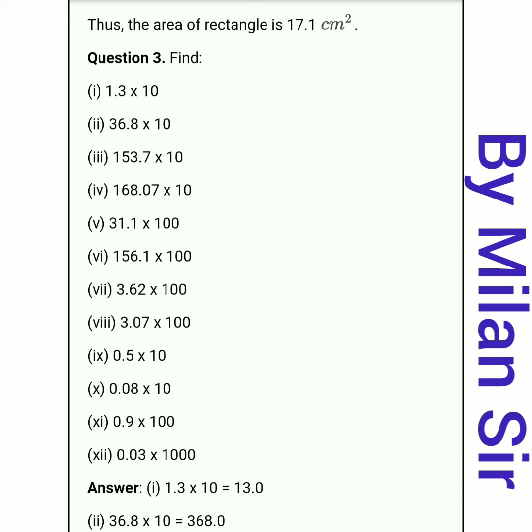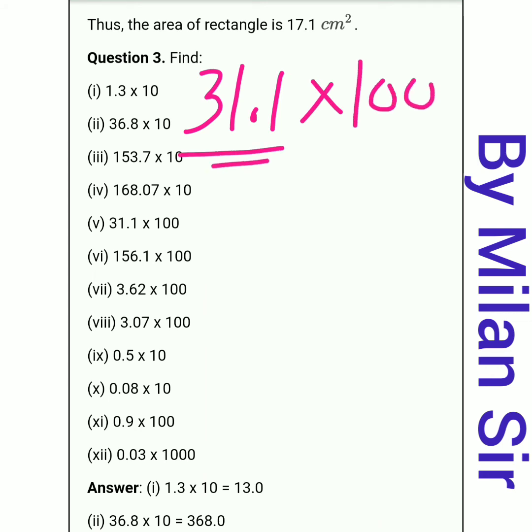Okay, then question number 5: 31.1 multiply 100. First of all ignore the decimal point, now we use only our one method. It is the direct method. So 31.1, ignore the decimal point, so 311 multiply 100, so 00.